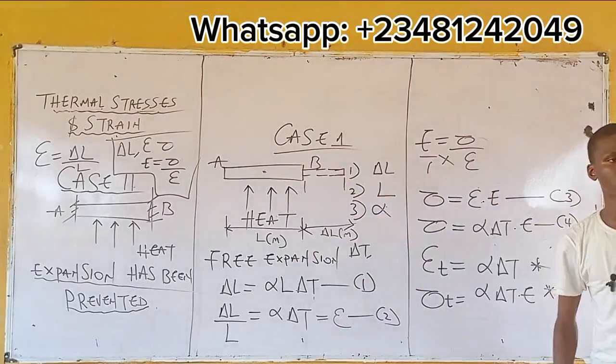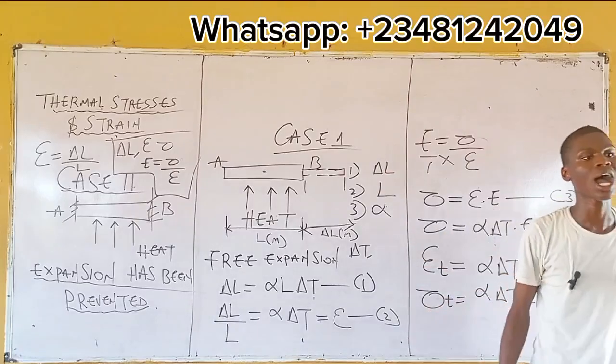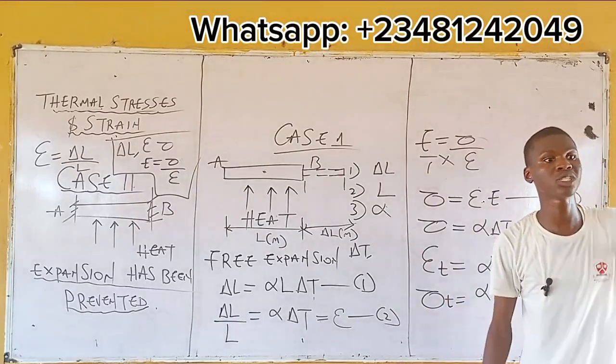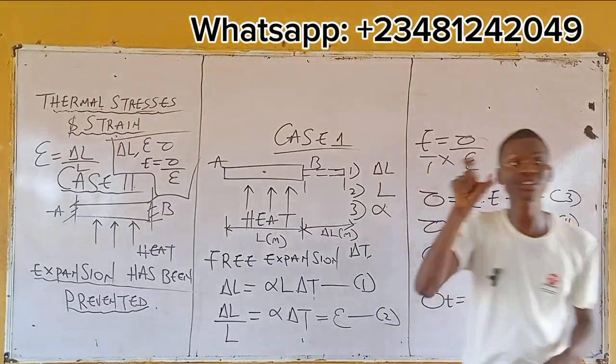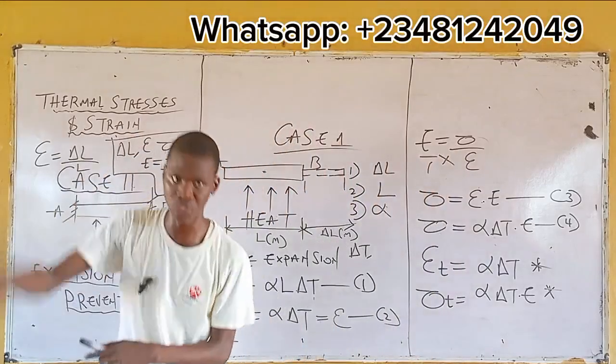When we get to torsion, you call the stress shear stress and the strain shear strain. The ratio of shear stress to shear strain gives you the modulus of rigidity.